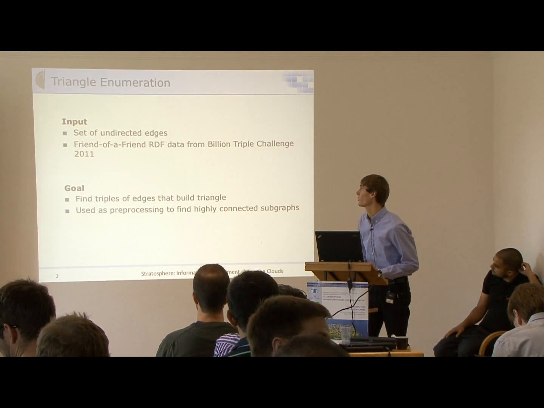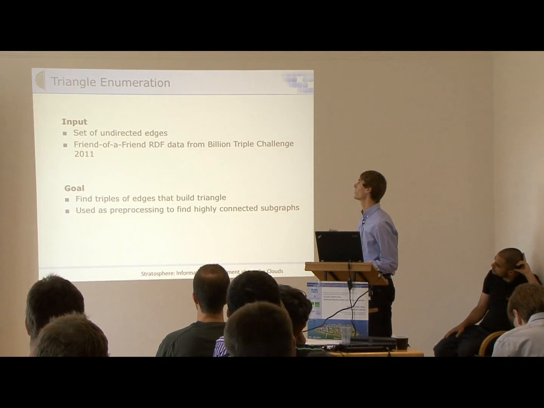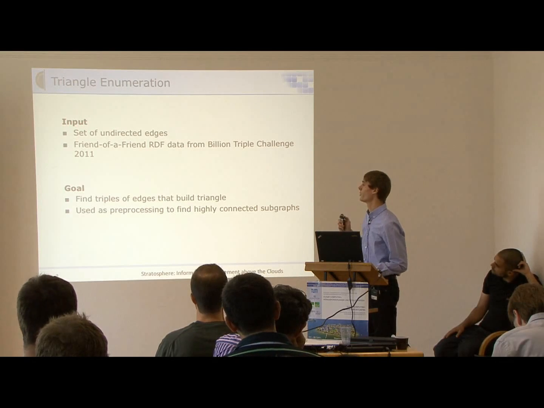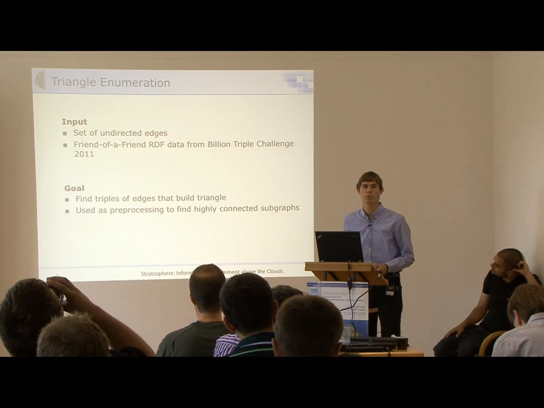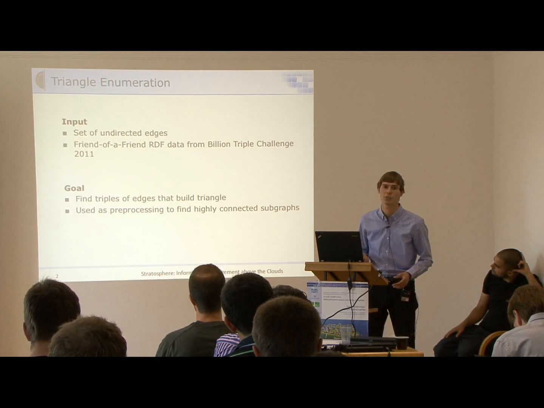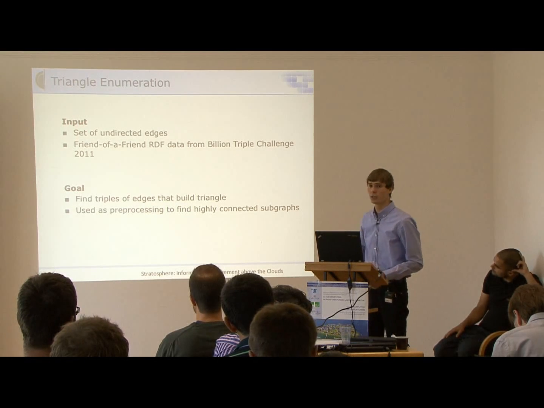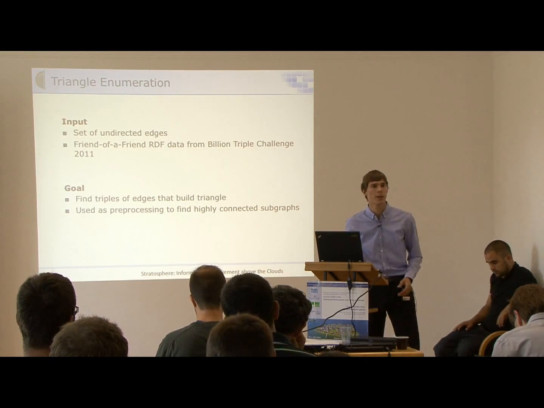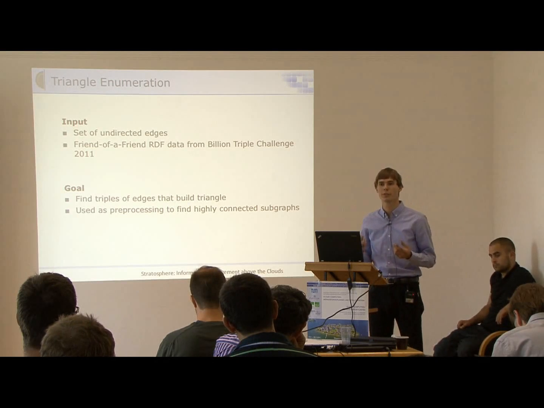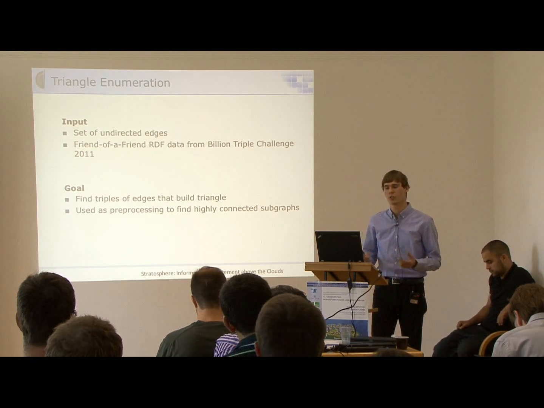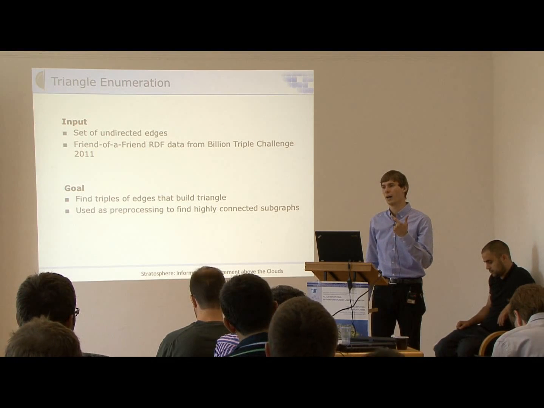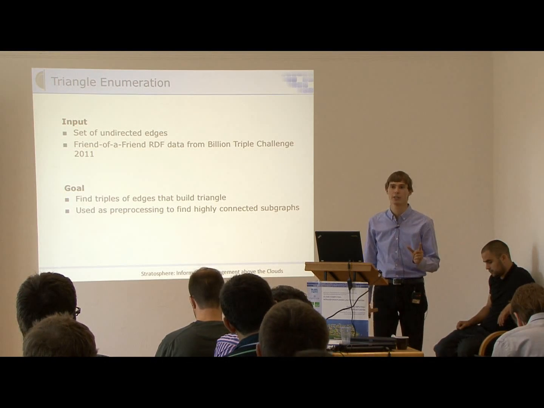Good. I would like to start with a data analysis task from the domain of graph algorithms, namely the triangle enumeration algorithm. Triangle enumeration identifies triples of nodes which are pairwise connected.